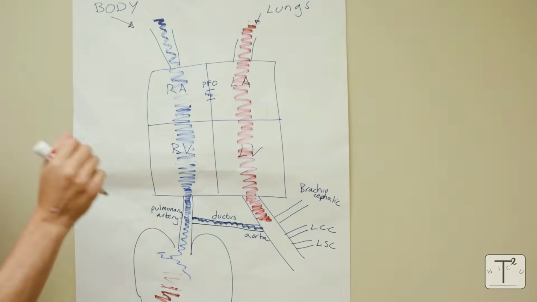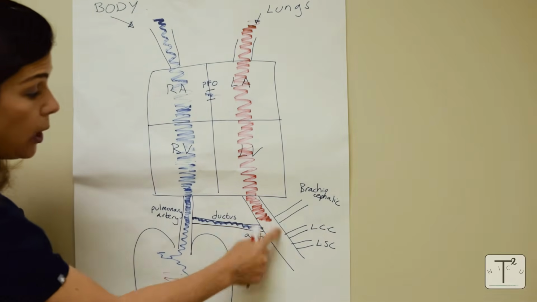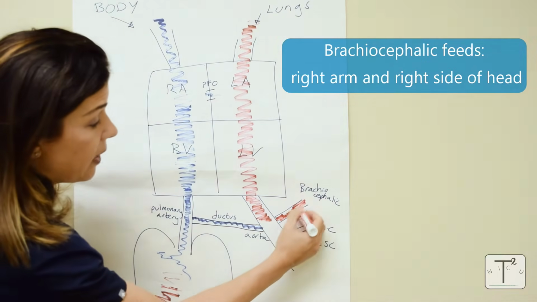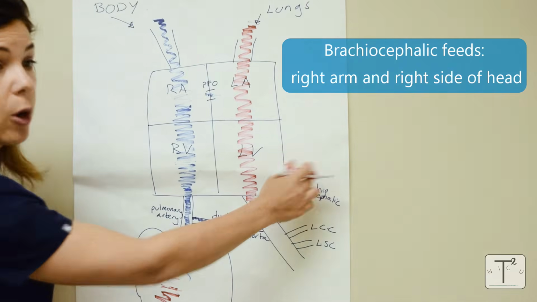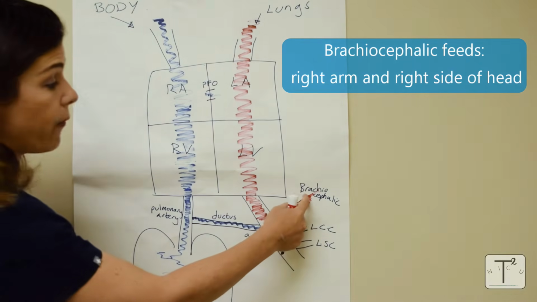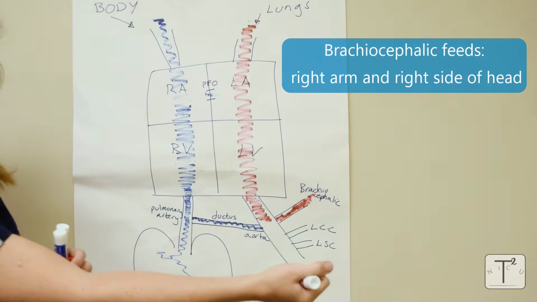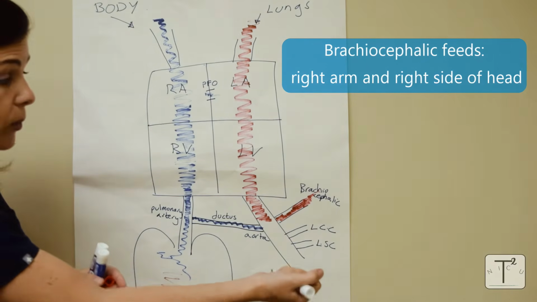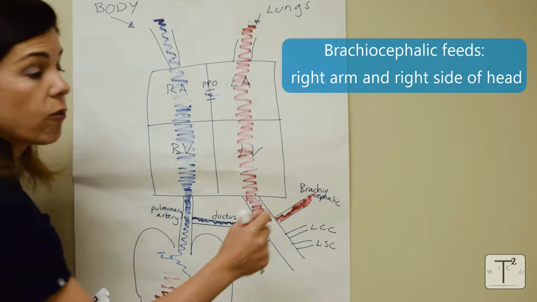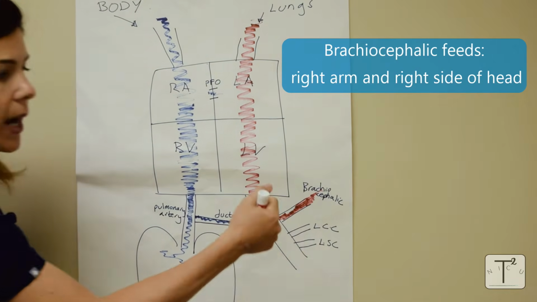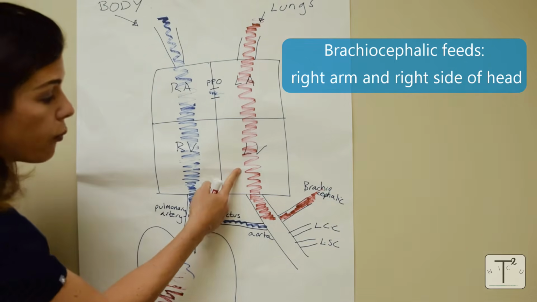The first branch off the aorta after the coronaries is the brachiocephalic. So this bright red blood goes to the brachiocephalic, and the brachiocephalic goes off into the right subclavian, which basically gives the perfusion to the arm, to the right arm, as well as to the right common carotids. So that's why this is going to be bright red blood, because it's pre-ductally.